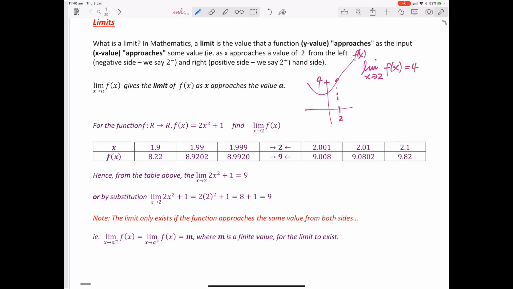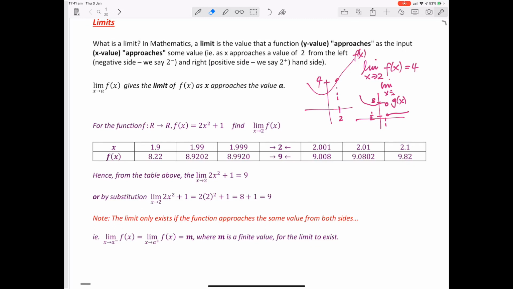With limits, it's got to approach the same value from both sides. So if I had a different graph like this, let's say there is 3, and here is a half, and there's the point 1. I'm going to call this g of x. So the limit as x approaches 1 of g of x?